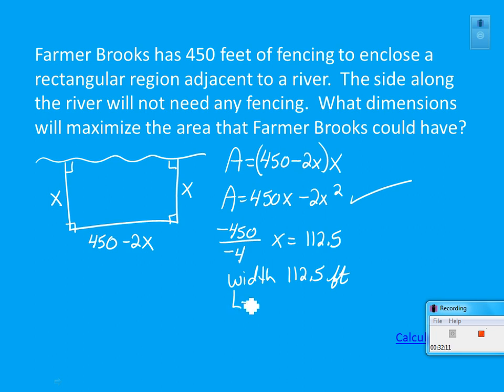The length then, I'm going to plug 112.5 right there and get 225 feet. The area then would be length times width, which would be 112.5 times 225, 25,312.5 square feet.